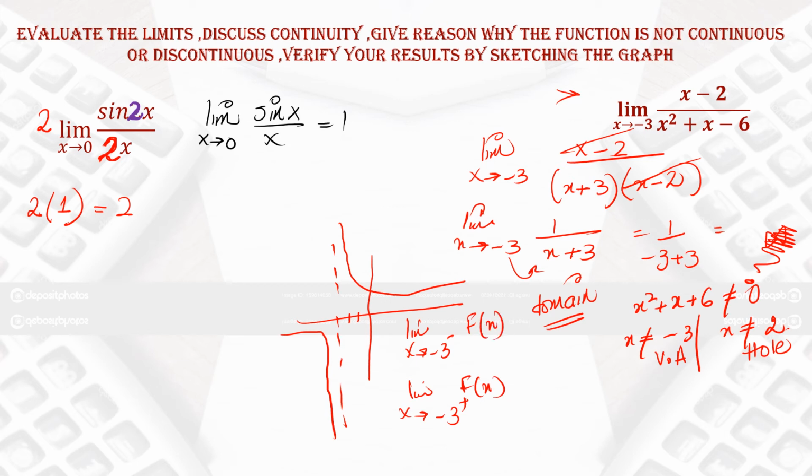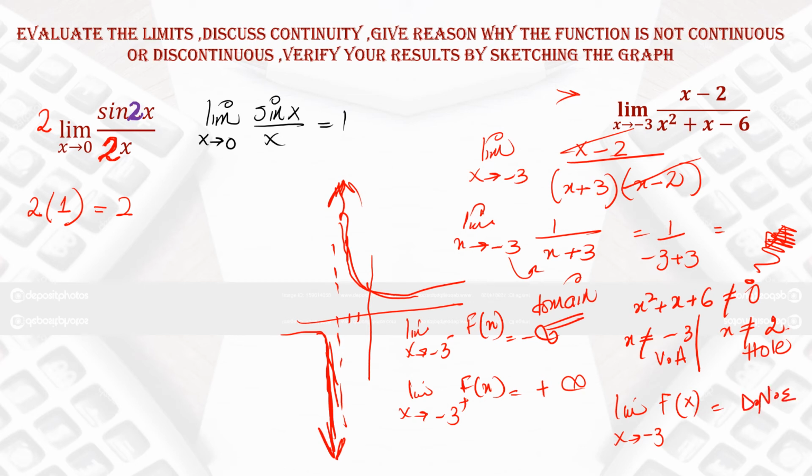Now from the left side of negative 3, it is going down, so we write negative infinity. From the right side, the graph is going up, so you can write positive infinity. Now from both sides, since it is an asymptote, the two-sided limit does not exist. And why? What is the discontinuity? The discontinuity is said to be unbounded behavior.